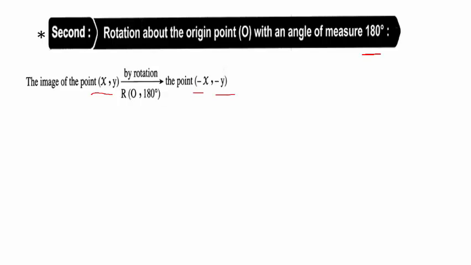Two coordinates will have the opposite sign. If the sign of x or y is negative, it will become positive. If the sign of x or y is positive, it will become negative, when the rotation is around O by 180 degrees.